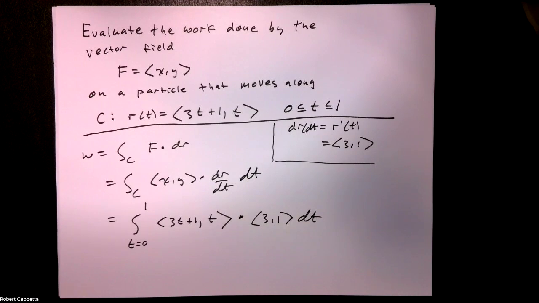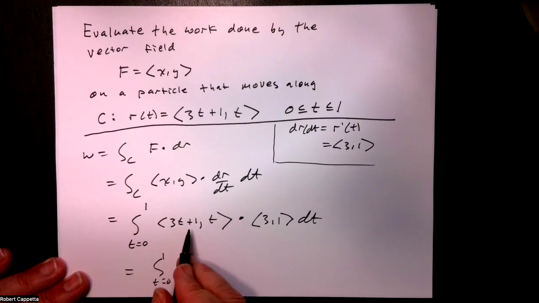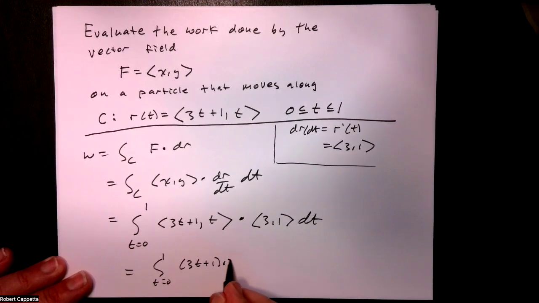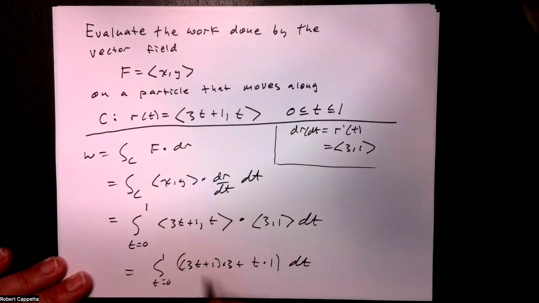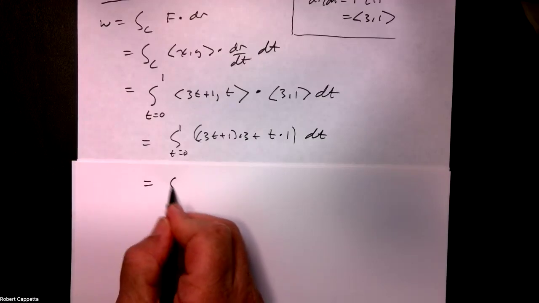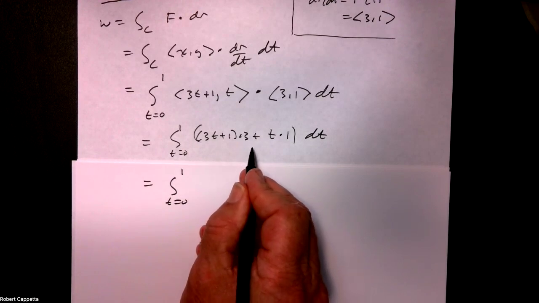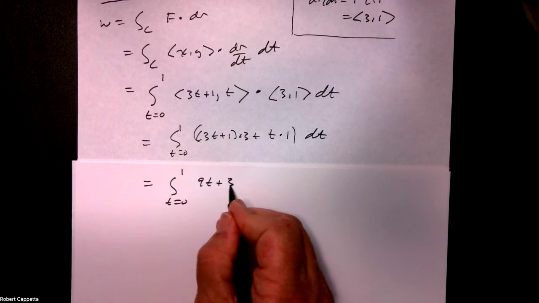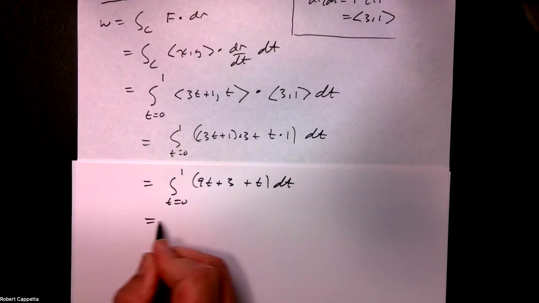dt. What do we get for our work? Integral as t goes from 0 to 1, (3t + 1) times 3, taking our dot product, plus t times 1 dt. Where does that get us? Equals the integral as t goes from 0 to 1, 3 times 3t, 9t, plus 3 times 1 is 3, plus t dt.